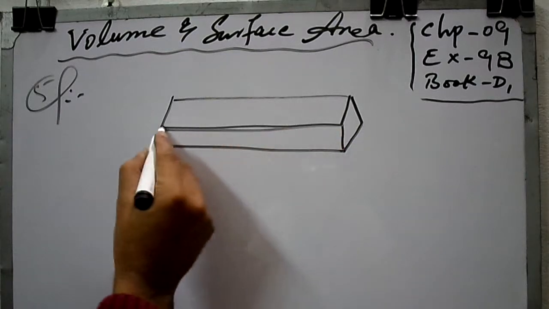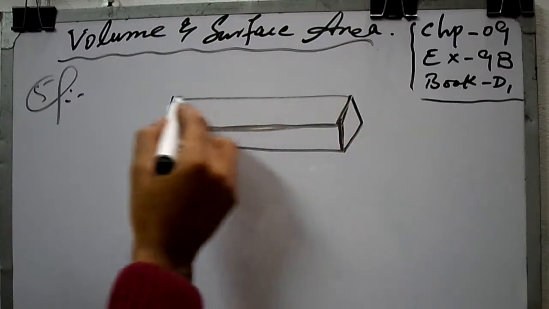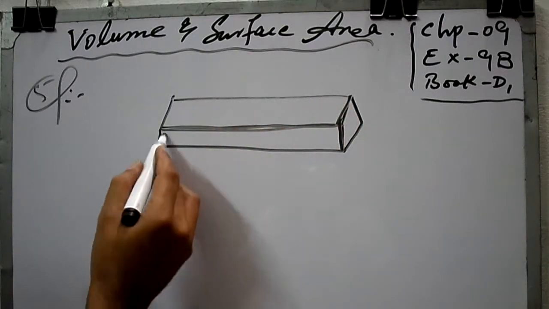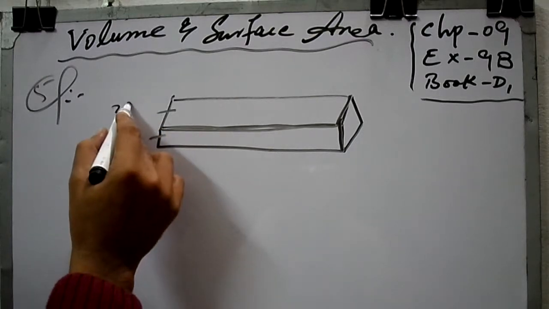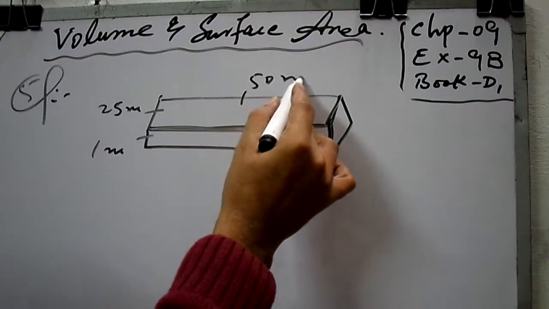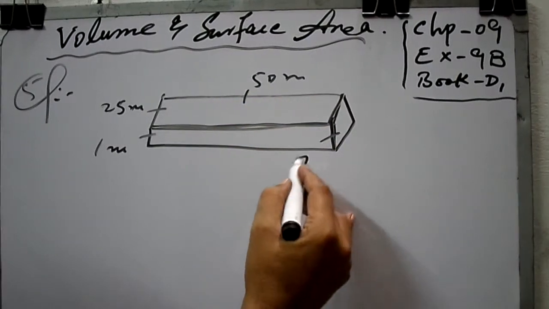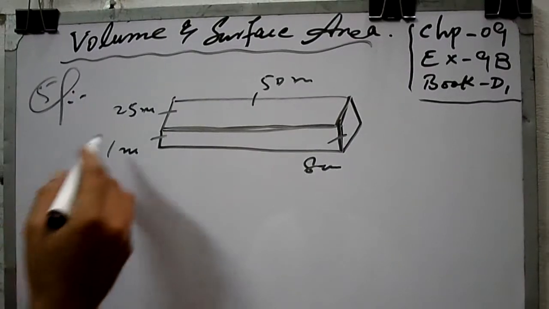Here is your 1 meter, and that is your 25 meter, and 50 meter, and that is your 8 meters. So we have to find its volume.